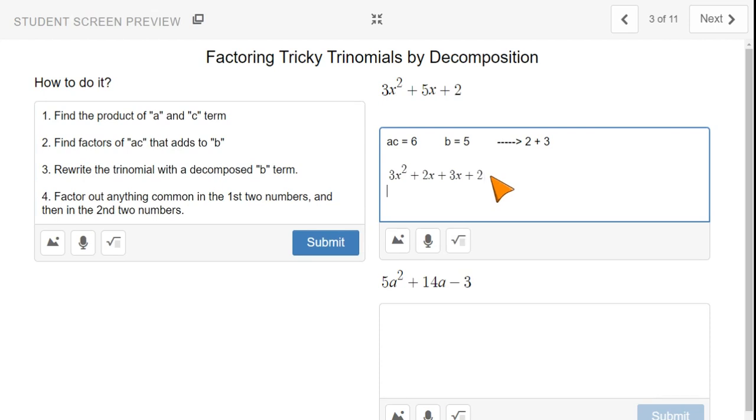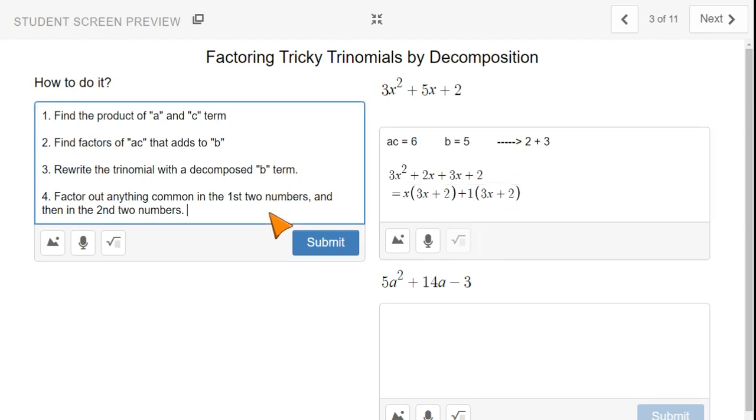Now, in the first two terms, I have x that's common. So I'm going to common factor that out. We have 3x plus 2. And in the second set, there is nothing that's common other than a 1. And we have 3x plus 2 again.